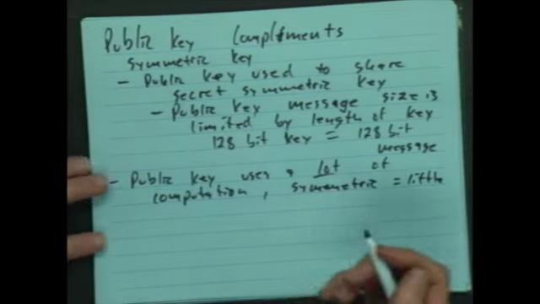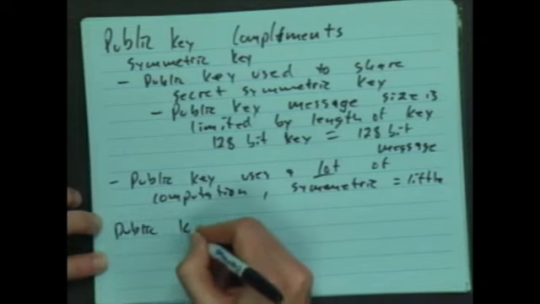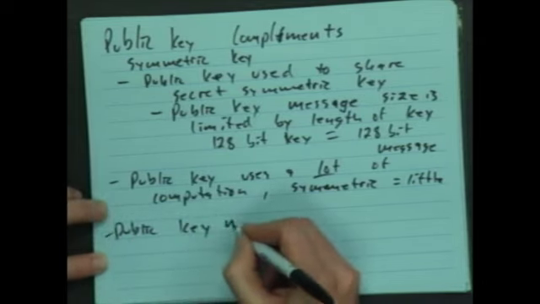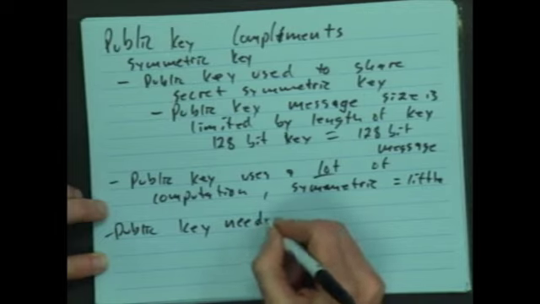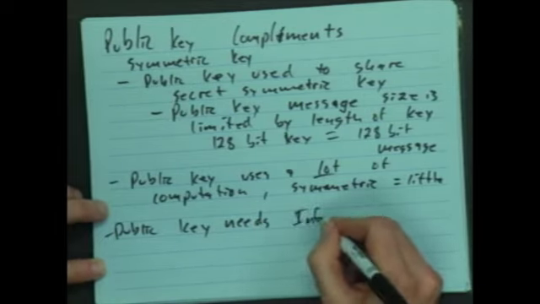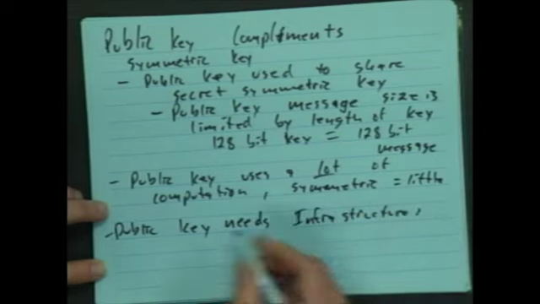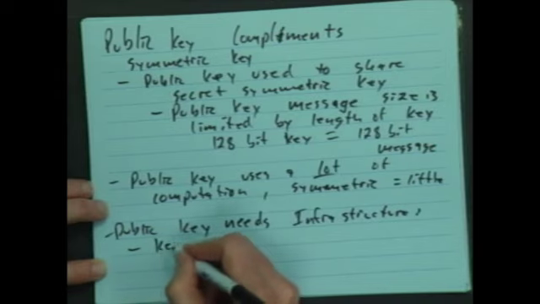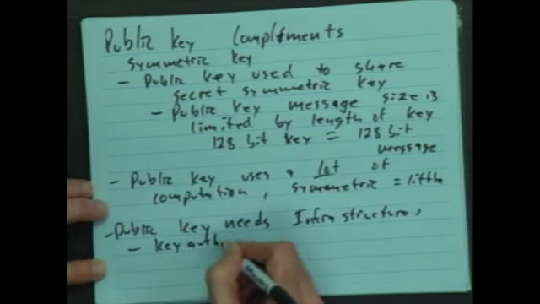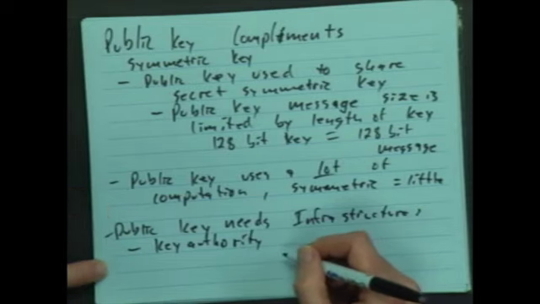There is one larger disadvantage, which is that public key needs a public key infrastructure. Okay, there needs to be a key authority. And you all don't ever see this, but it's all over your internet stuff.